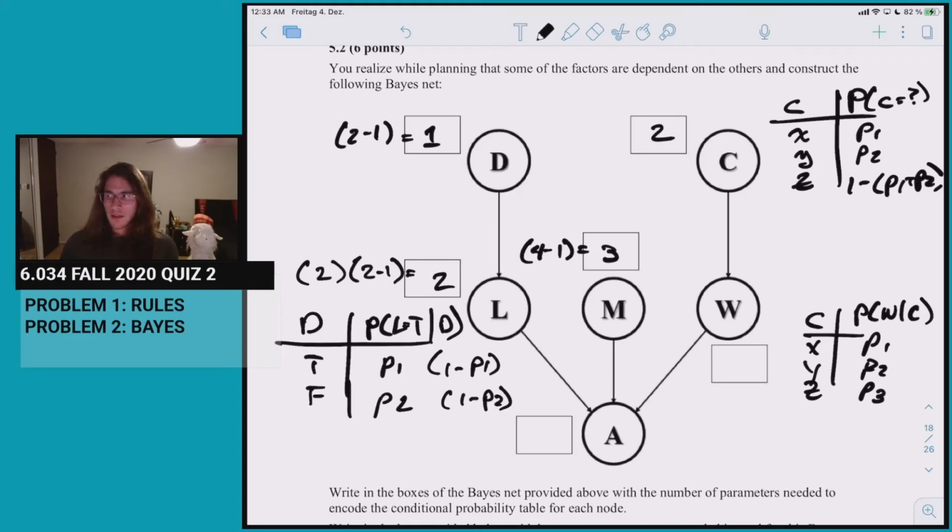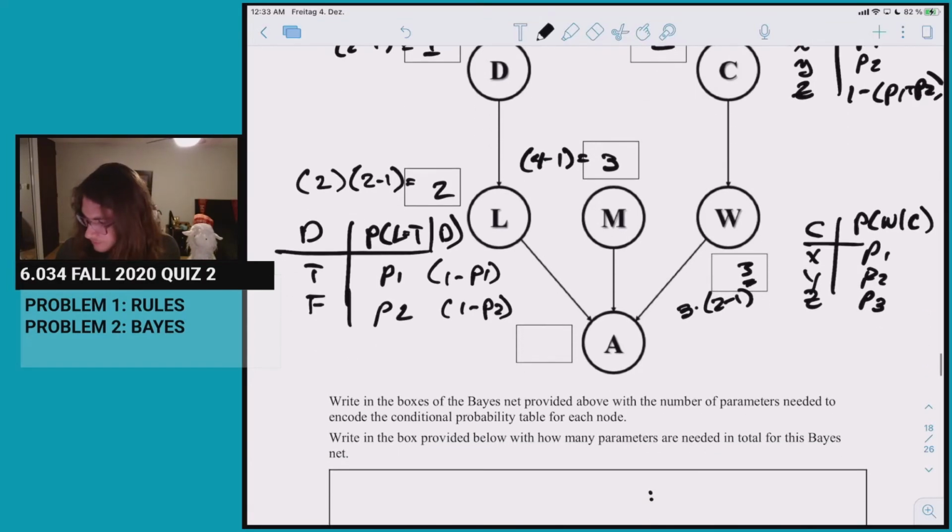C equals X, C equals Y, C equals Z. So this is 3 times 2 minus 1. That's equal to 3. Then comes the big one.